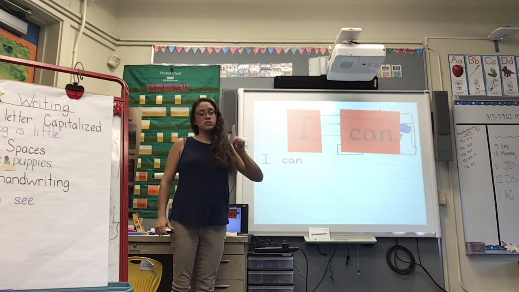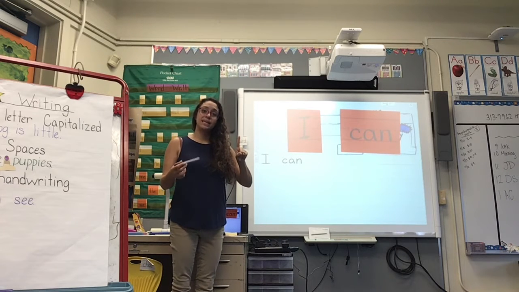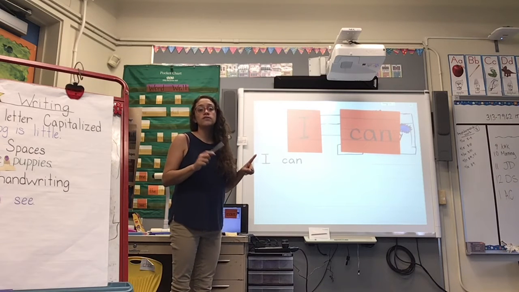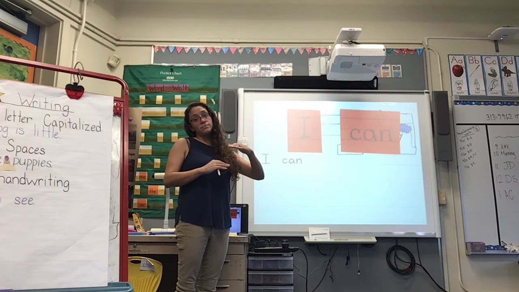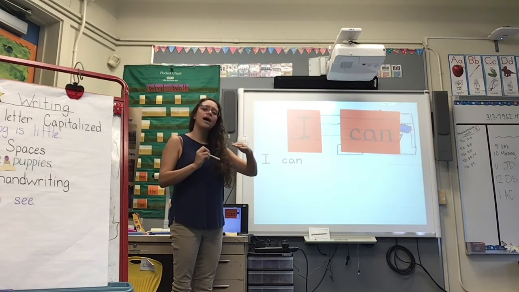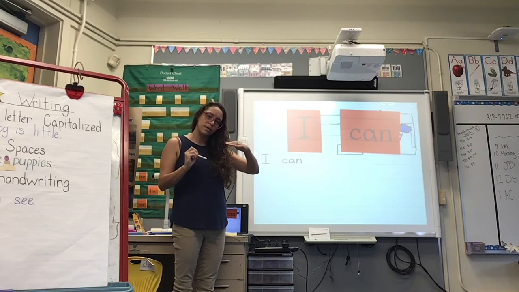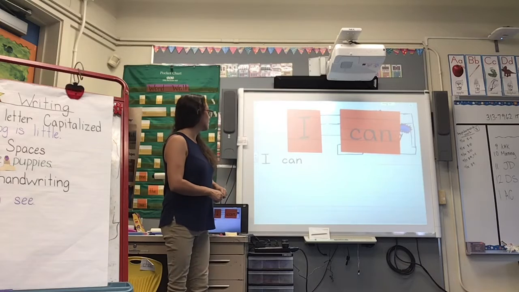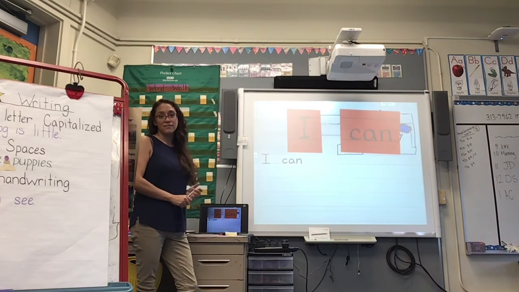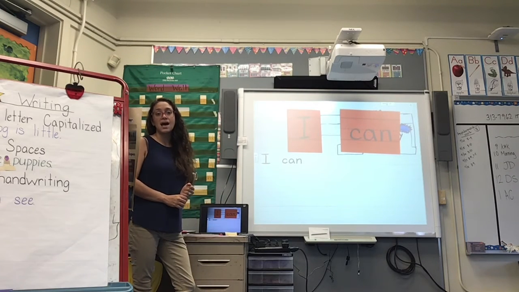I put a finger space and wrote my next word, can. C-A-N. In all of those 3 letters, C-A-N, I made sure they touched both the bottom line and the middle line. I also took my time making sure that my letter formation was nice and neat so that my readers could read it. So here we are, my first part to my sentence.